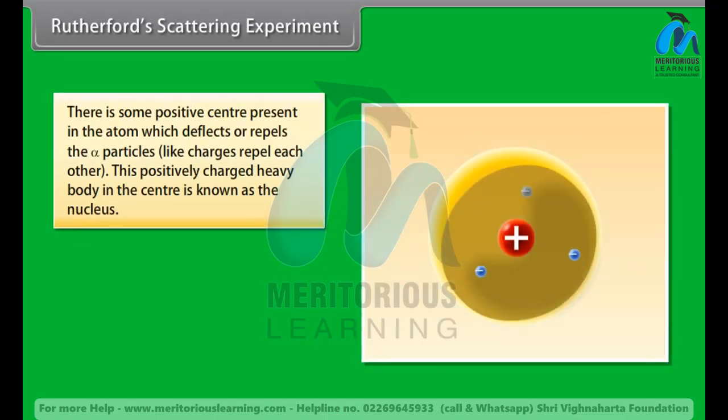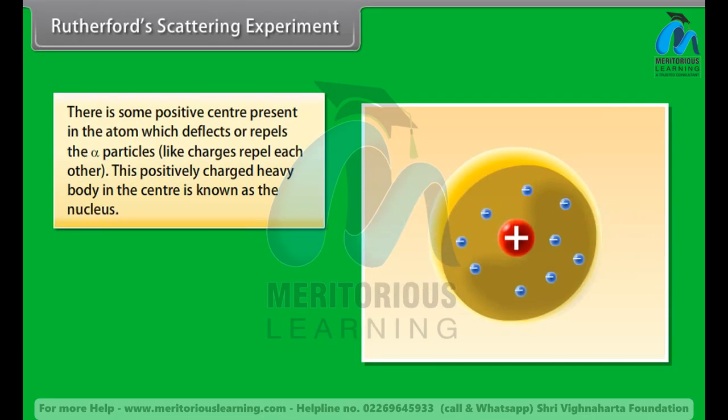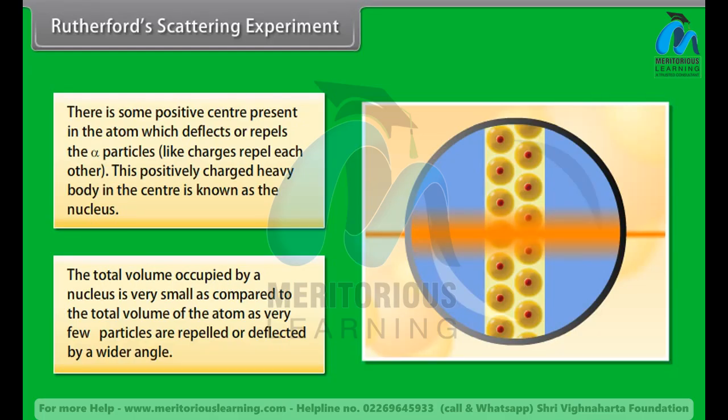There is some positive center present in the atom which deflects or repels the particles like charges repel each other. This positively charged heavy body in the center is known as the nucleus. 3. The total volume occupied by a nucleus is very small as compared to the total volume of the atom, as very few particles are repelled or deflected by a wider angle.